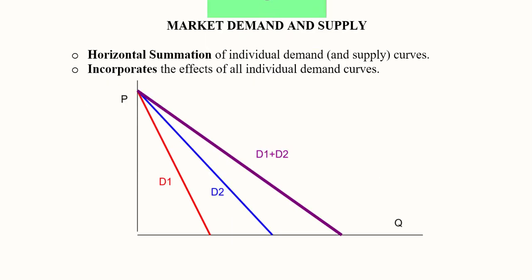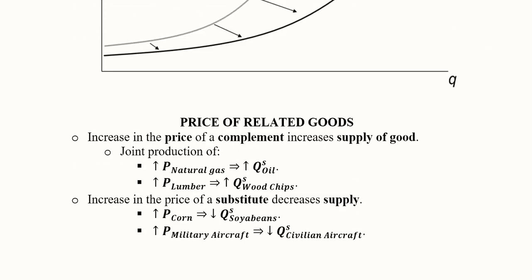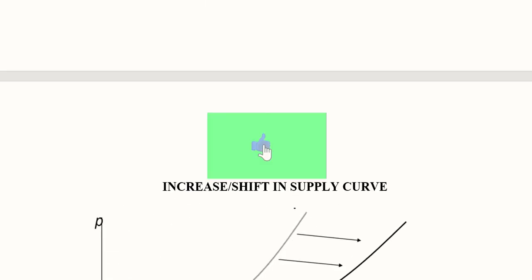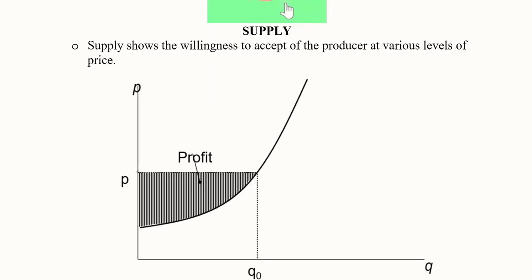You can make the market supply curve as well by horizontally summing the supply curves. And we also have understood the effect of related prices of goods on the supply curve, how these shifts in the supply curve happen. And we have also understood the supply function itself.